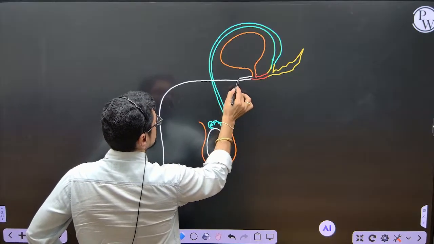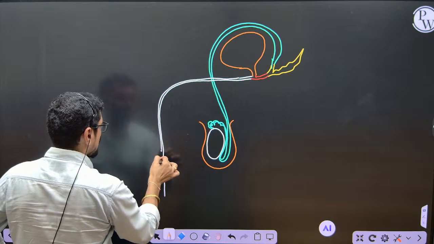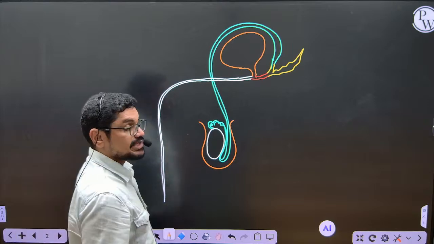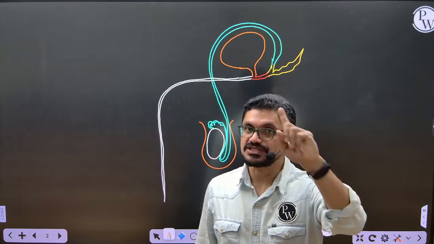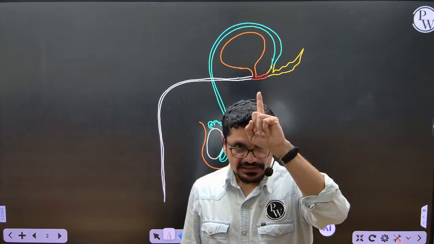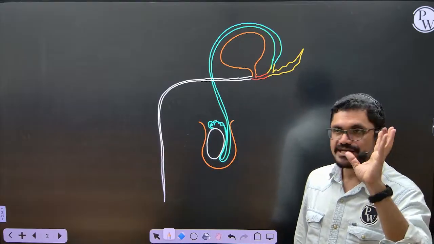And the urethra finally opens out. So this is the sagittal view of the male reproductive system. Those students who have not seen the previous class, go through that previous lecture. Just see that recorded lecture and then you will understand this in a nice way.